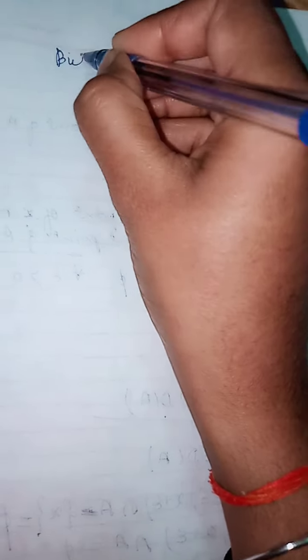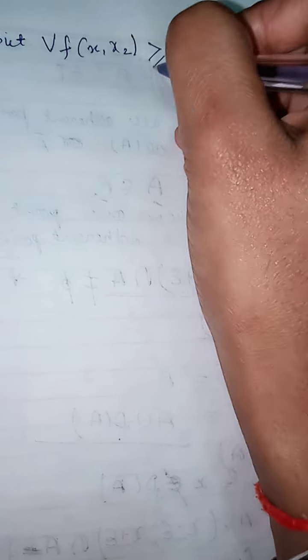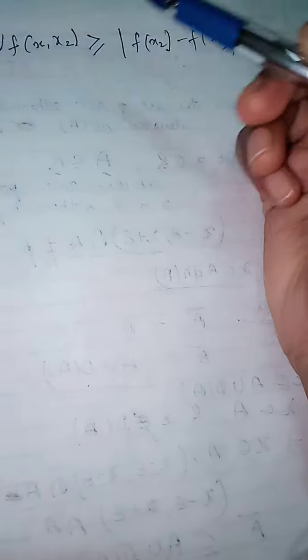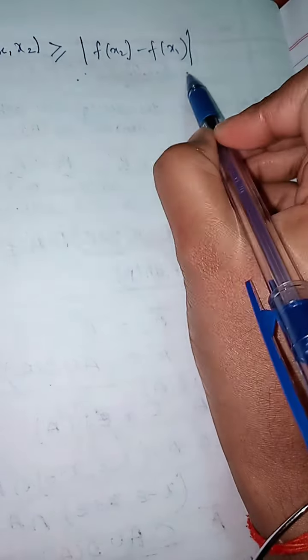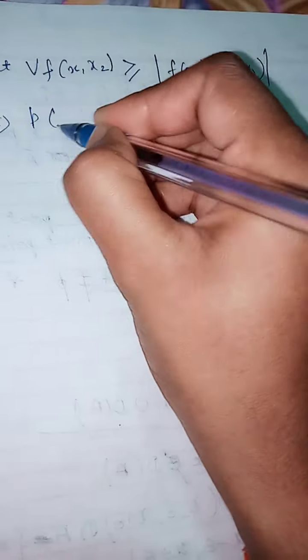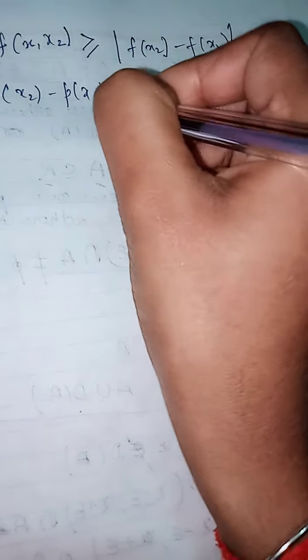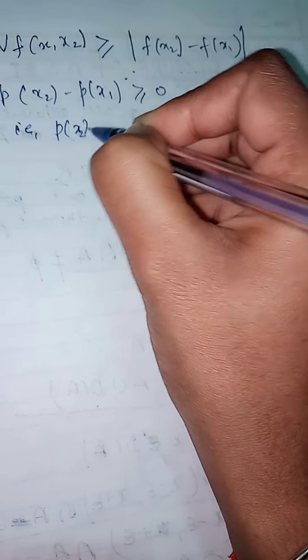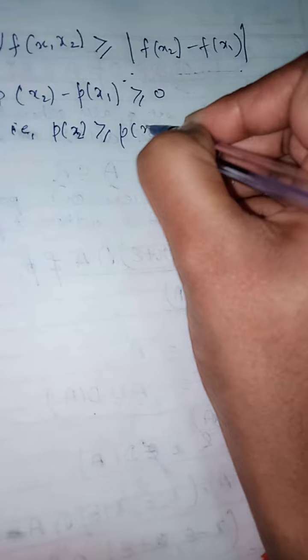But the variation function on [x1, x2] is greater than or equal to the mod of f(x2) minus f(x1), which is positive, so it is greater than or equal to the difference of the two functions. So this implies p(x2) minus p(x1) is greater than or equal to 0. It means that p(x2) is greater than or equal to p(x1).